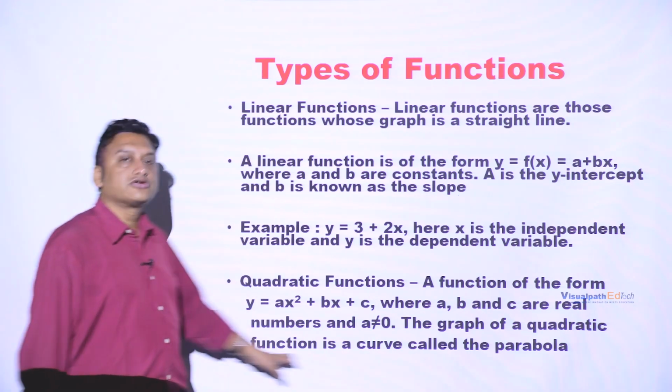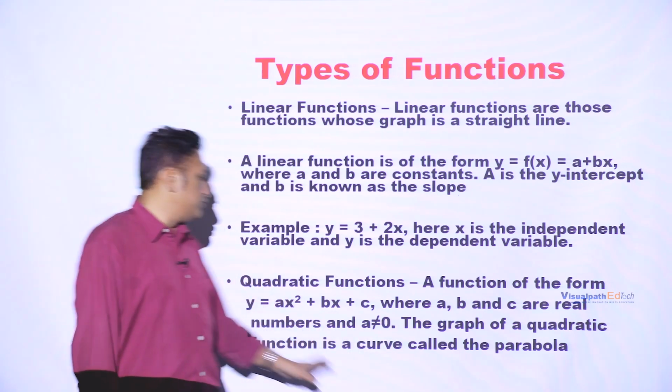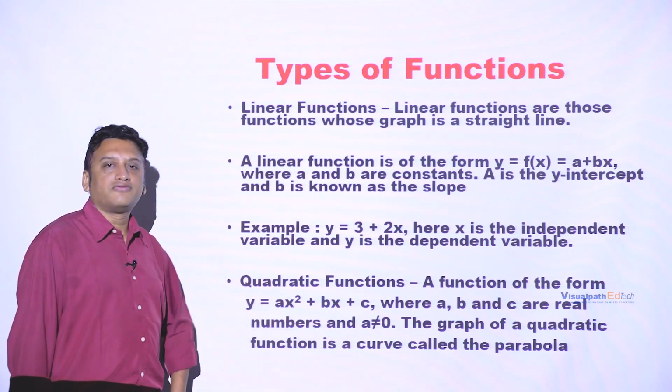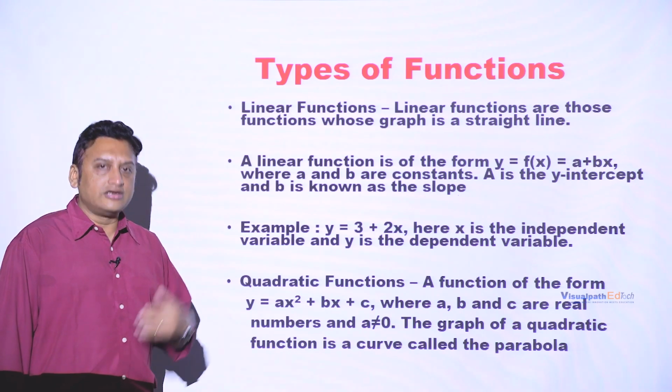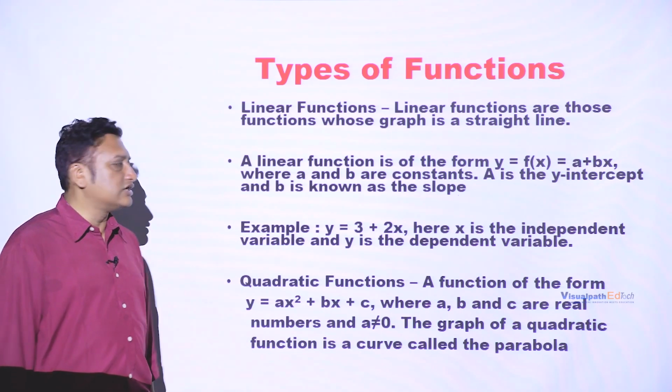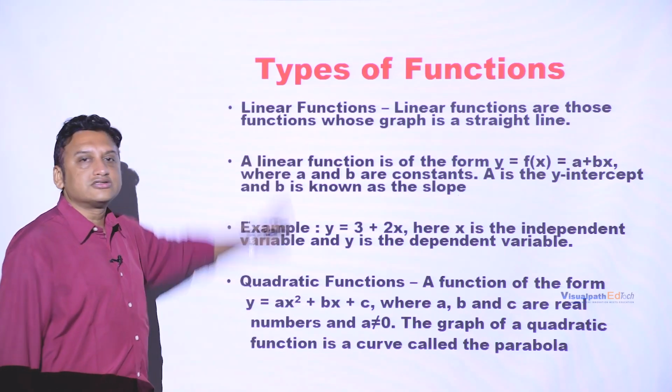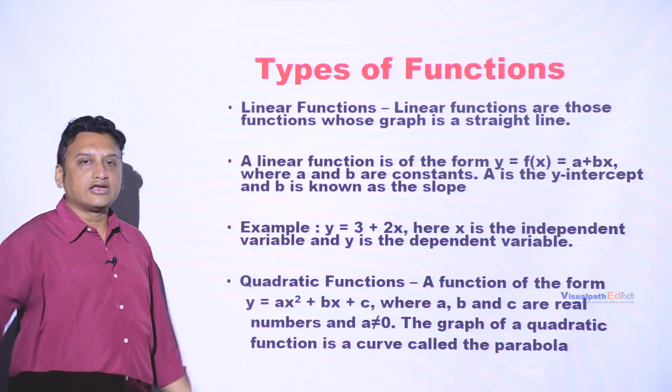Such a shape is called the parabola. So, quadratic functions normally represent the shape of a parabola in the graph, and linear functions represent the shape of a straight line in the graph.